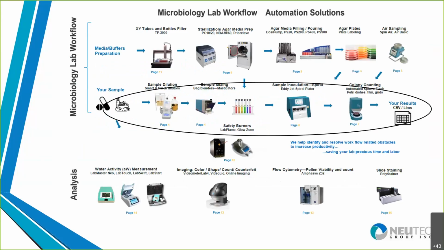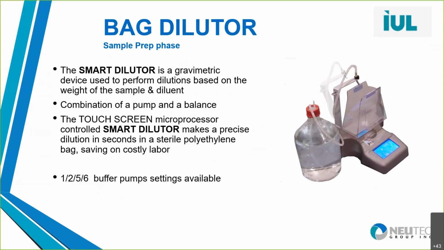So now we've moved on to our second line in terms of our workflow. Rather than the media prep, we're now talking about the inoculation process and handling of the samples. One of the first steps that has to be done in a lot of cases is a dilution step on the sample itself, and so we provide a smart diluter system, again supplied through IUL. This system is gravimetric, so it's basically doing things by weight.